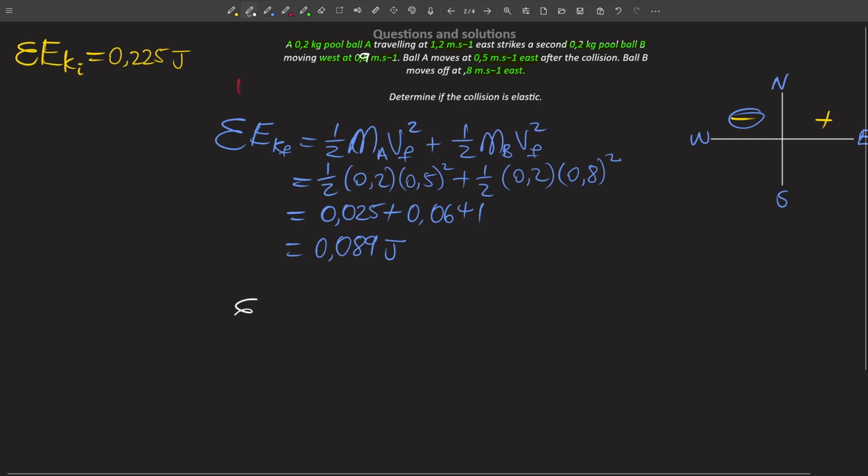And if we pay attention, our initial kinetic energy before collision is not equivalent to our final kinetic energy, and this gives us the conclusion that the collision is inelastic.